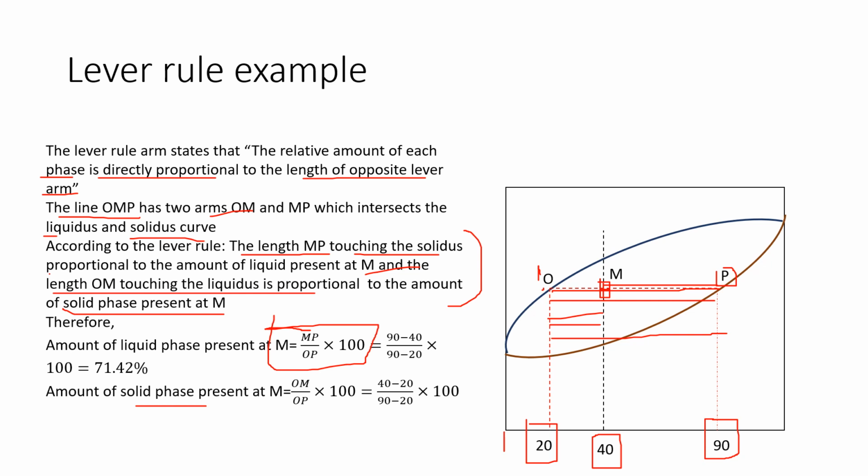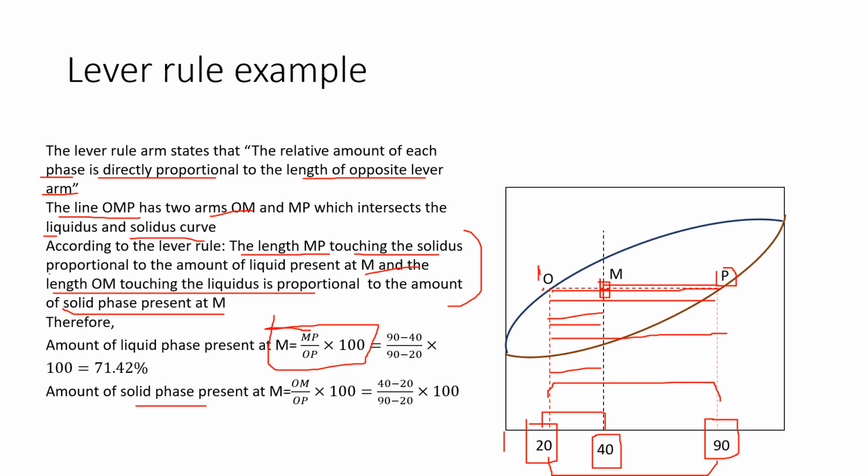MP is equal to 90 minus 40, divided by OP. OP is equal to 90 minus 20. Similarly, OM is 40 minus 20, divided by the same OP, 90 minus 20, multiplied by 100.